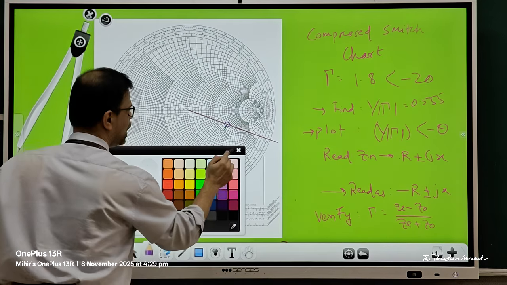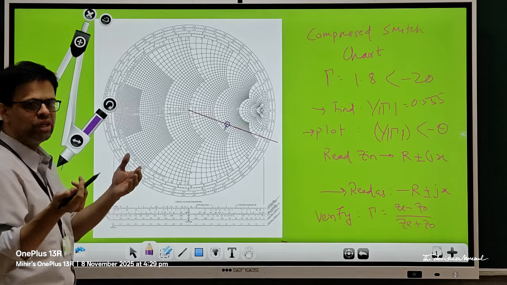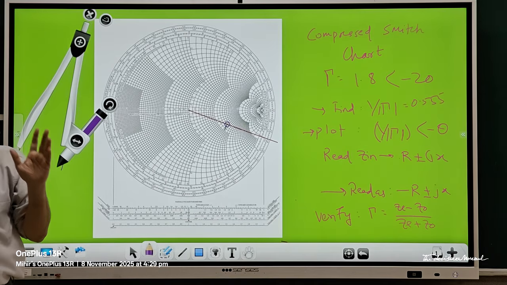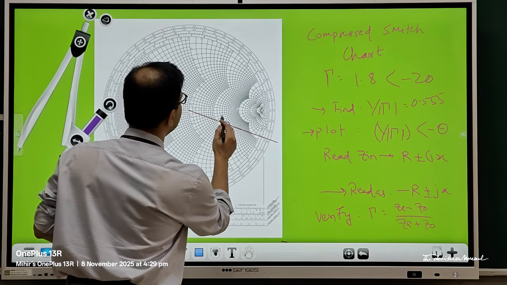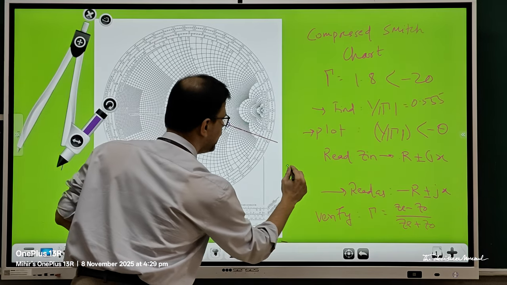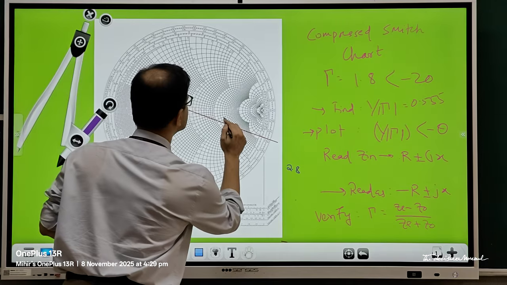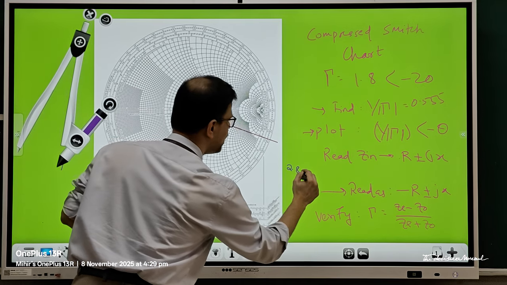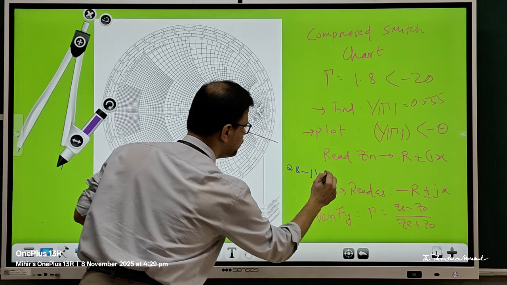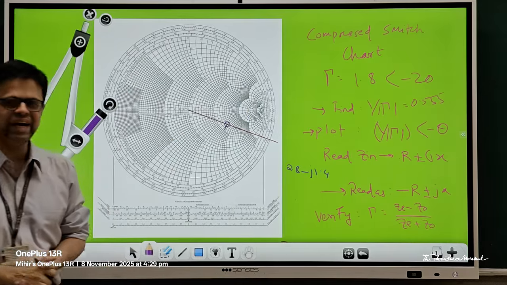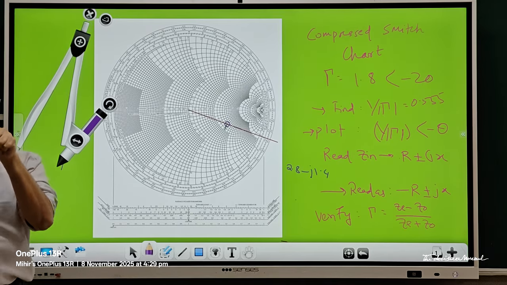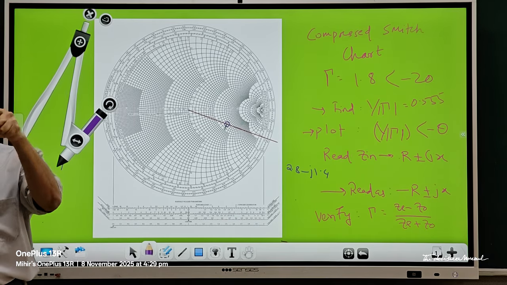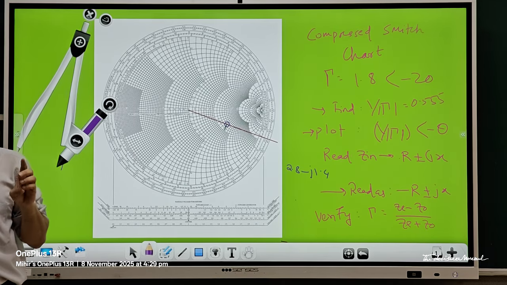Now I will read the value. How to read it? You see the corresponding touching R circle and X arc. Here, if I read, it is 2.8, and the arc is -j1.4. This is the value of Z which I have read from the Smith chart for that particular point.